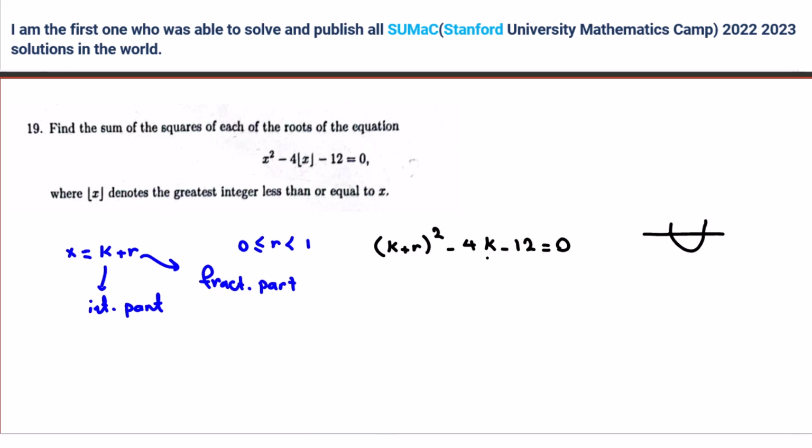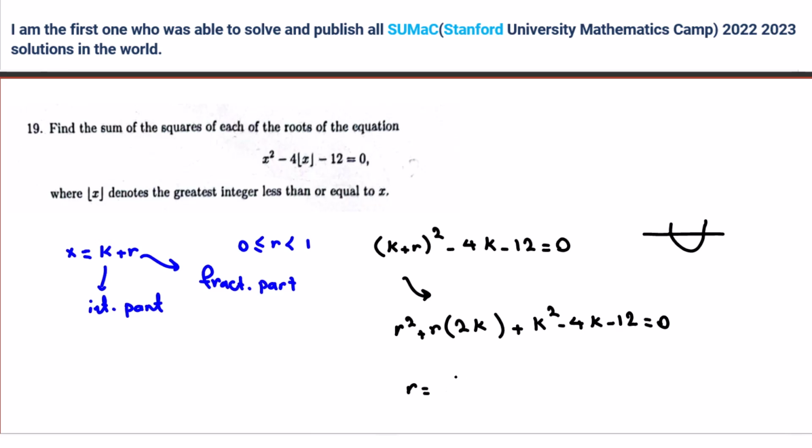let me tell you something. At first, let's solve for r in terms of k. So let's simplify: r squared plus r times 2k, plus k squared minus 4k minus 12 is 0, right? So r is what in terms of k?